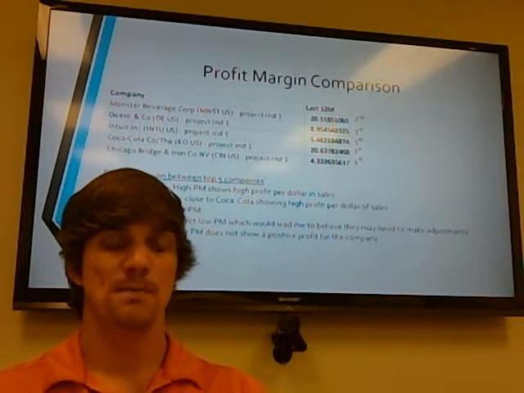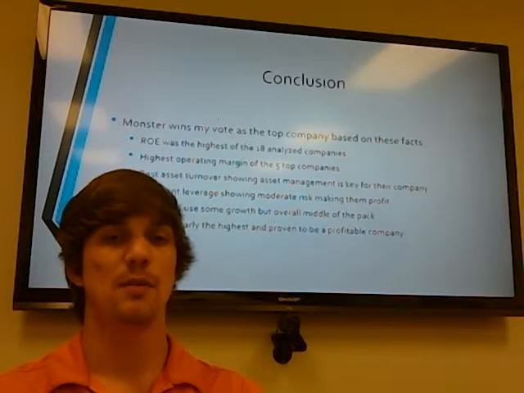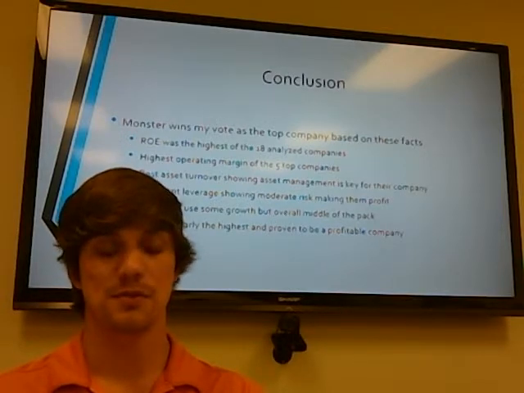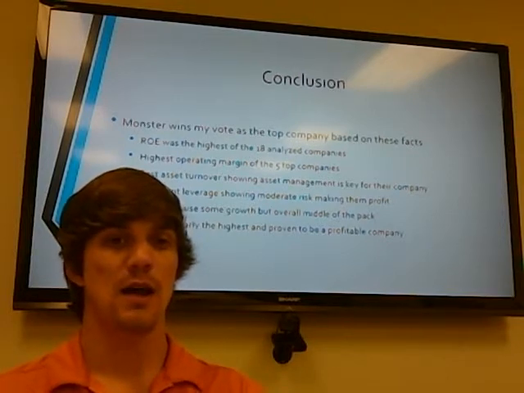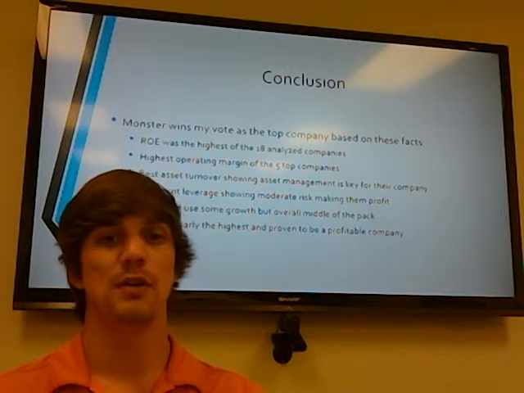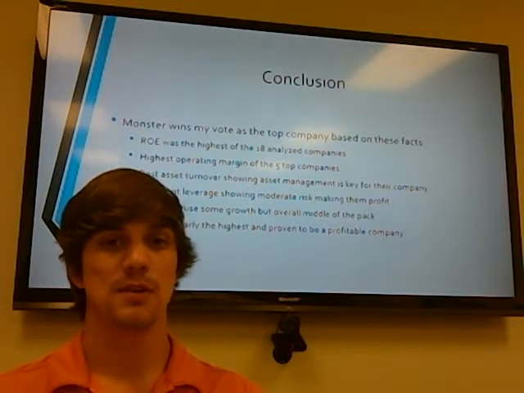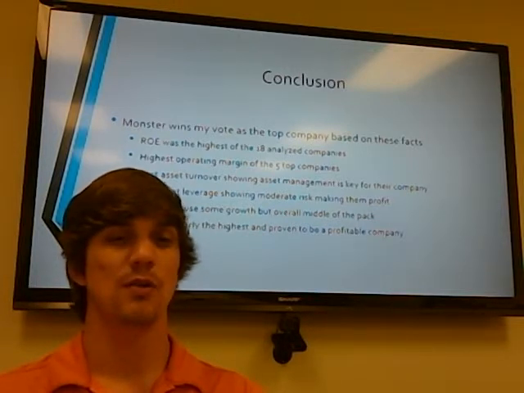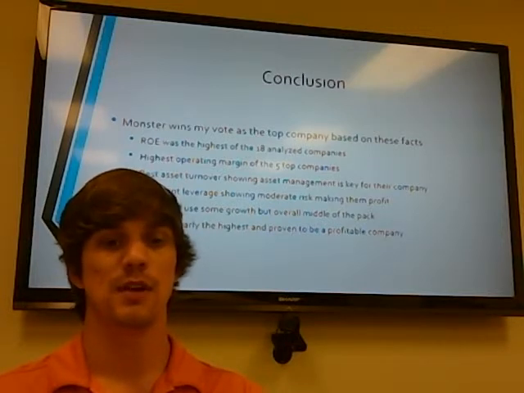So, in conclusion, and to wrap up this interesting presentation, I'm going to pick Monster. Monster, they win my vote as the top company. And I'll go into a few points as to why and kind of recap the presentation.